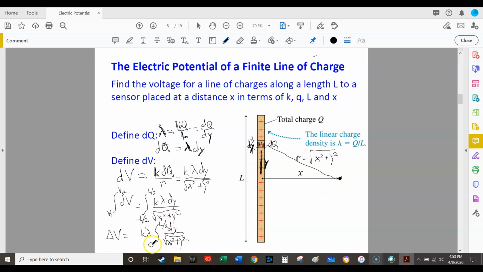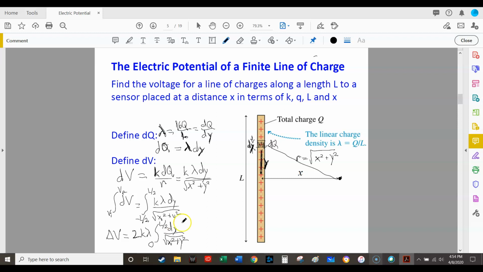So it's just going to double up on top of that. So we're just going to multiply this by 2 and thus integrate both sides. This is how you begin this voltage problem.